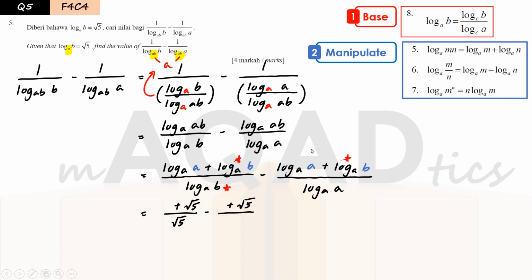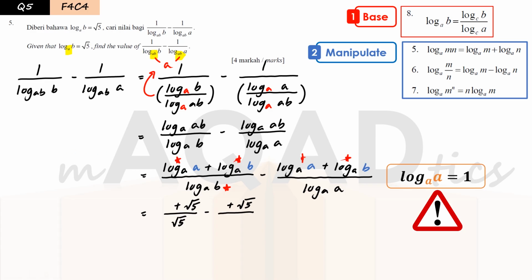But how about the others, which are the log base AA? This one we need to recall a very important fact for logarithms. If the base and the value are the same, the logarithm value is 1. So this log and this log will be changed to 1.